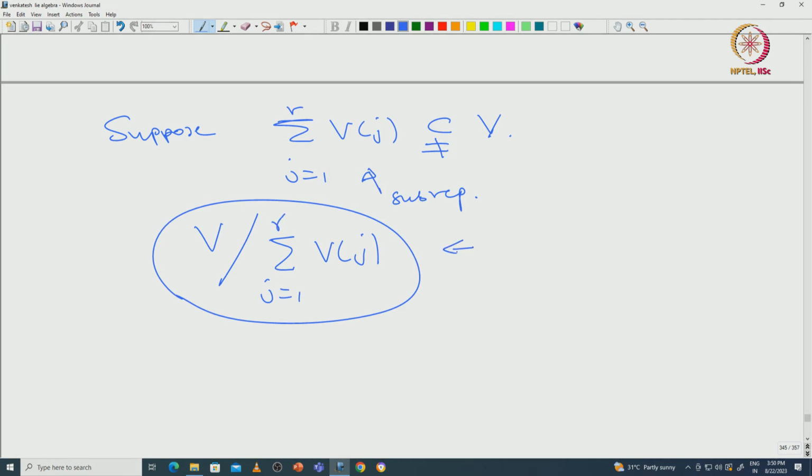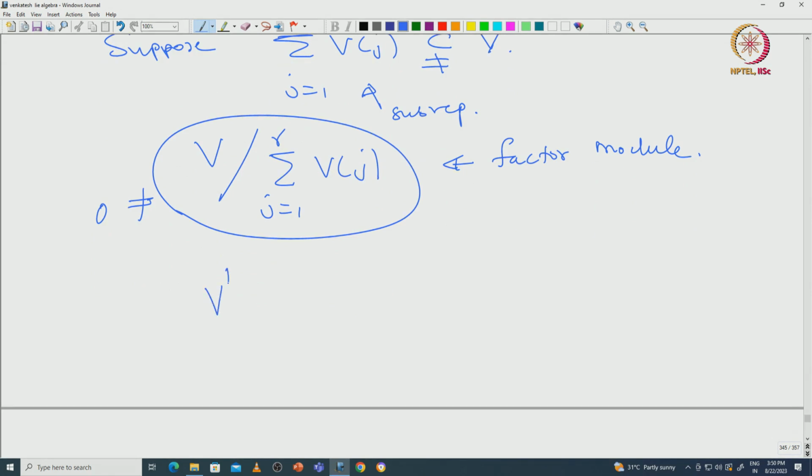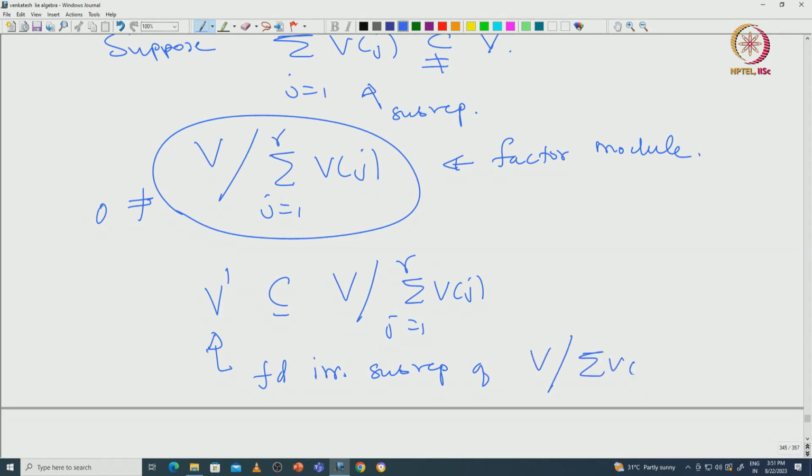Okay, so this is a factor module, and this is going to be a non-zero, finite dimensional module. So, it must contain some irreducible finite dimensional sub-representation. So, let us say V dash is sitting inside V modulo the summation of V_j, j from 1 to r. So, this is a finite dimensional irreducible sub-representation of this V modulo the summation of V_j.